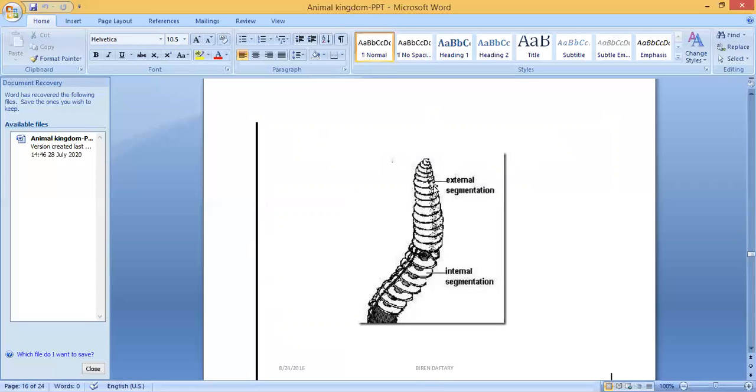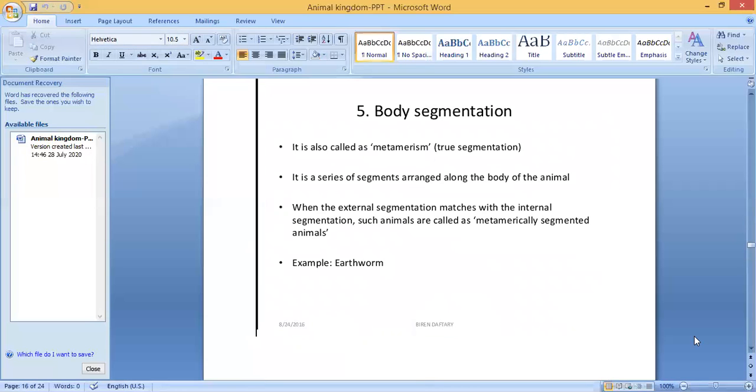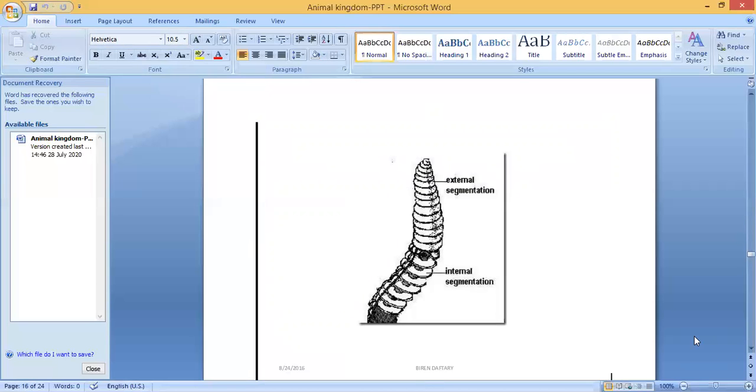I hope all of you have observed these things. If you have seen an earthworm, you can see the external segmentation, and these are the internal segmentation. If both match, they are known as metamerically segmented animals. Clear? The example is earthworm.